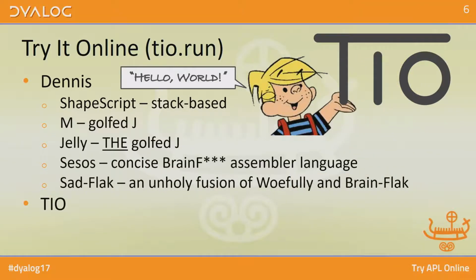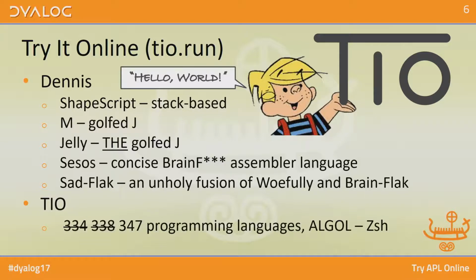And of course, he has made the TIO, or Try It Online framework, which is a safe sandbox, or playground if you want, that has a lot of programming languages available. Last time I checked, there were 347 programming languages, from Algol to ZSH.